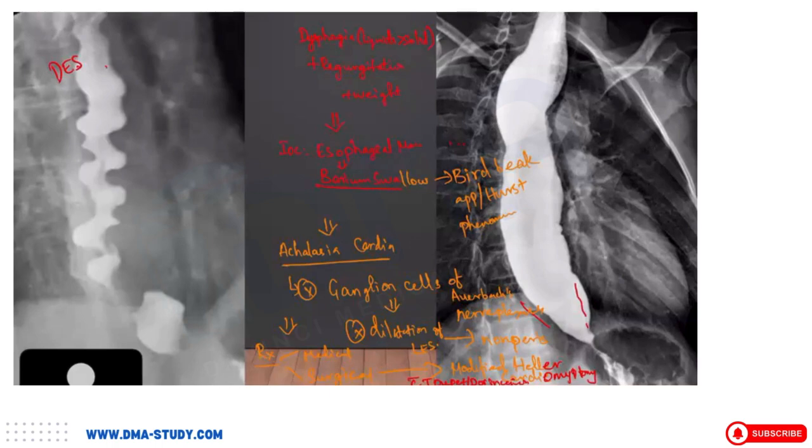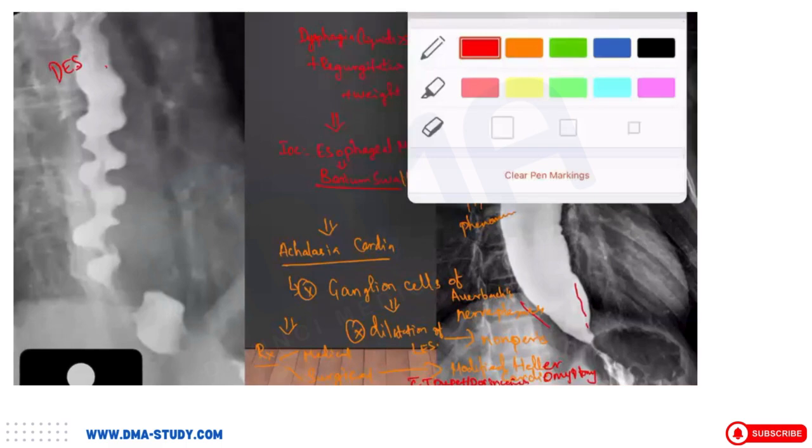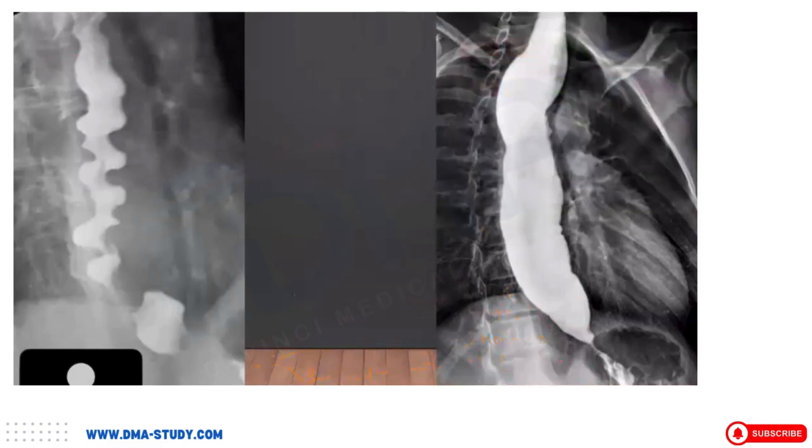Okay, so these are the 2 important images in terms of motility disorder. Clear, people? This one is DES and this one is achalasia cardia. For DES, what are the things you have to remember? A dysphagia patient comes, you order a barium study, you see the corkscrew esophagus, and you can manage it with nitrates or long esophagomyotomy.